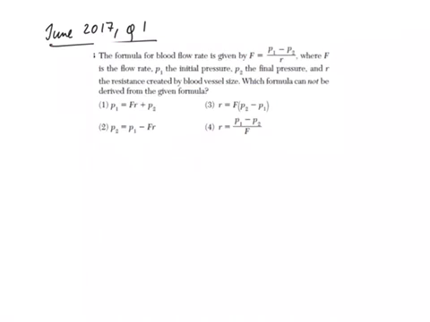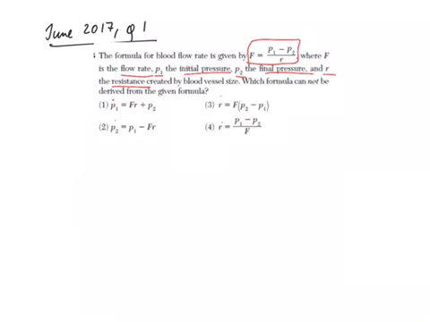The formula for blood flow rate is given by F is equal to P1 minus P2 divided by R, where F is the flow rate, P1 is the initial pressure, P2 is the final pressure, R is the resistance created by blood vessel size. Which formula cannot be derived from the given formula? So they've made P1, P2 and R the subject.